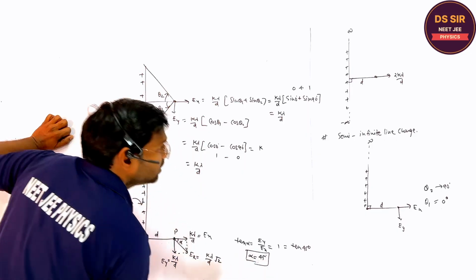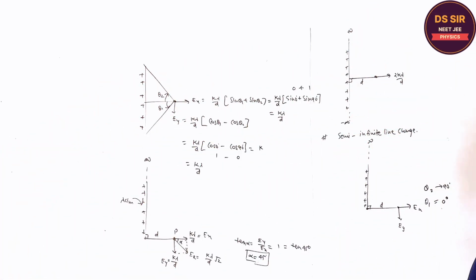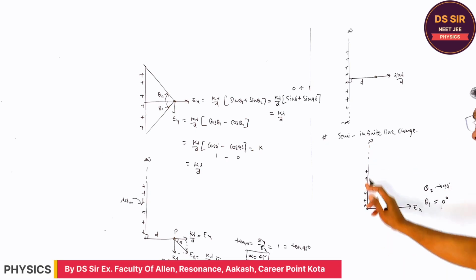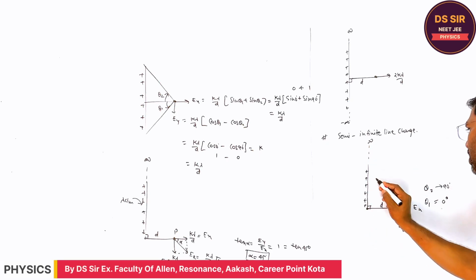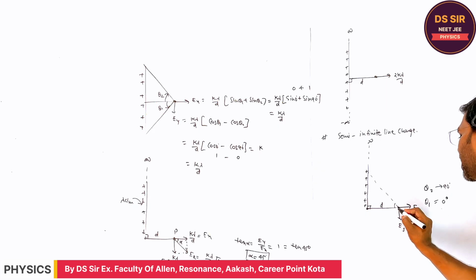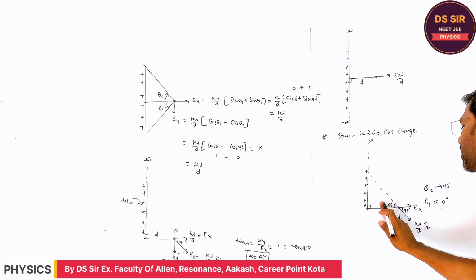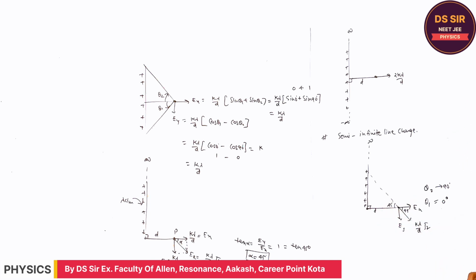So in an infinite line charge, the electric field is 2k lambda upon d in this direction. Because of this semi-infinite line charge, the resultant electric field is in this direction. It is k lambda upon d root 2, and this angle is 45 degrees. Is it clear or not, you tell?